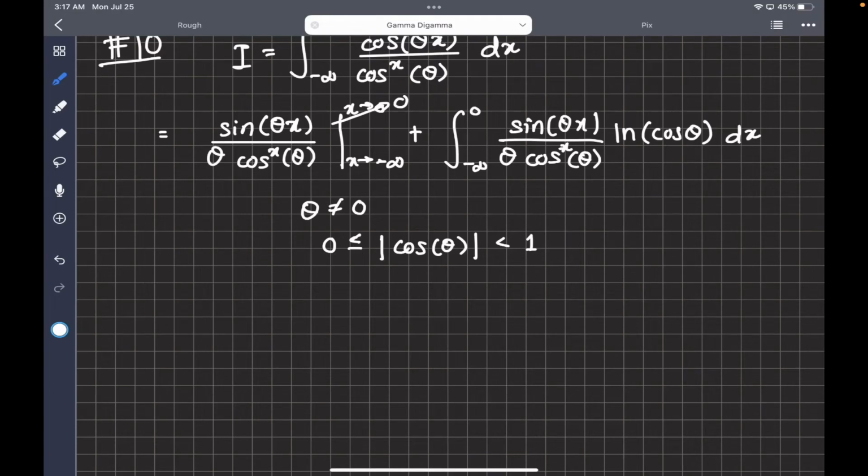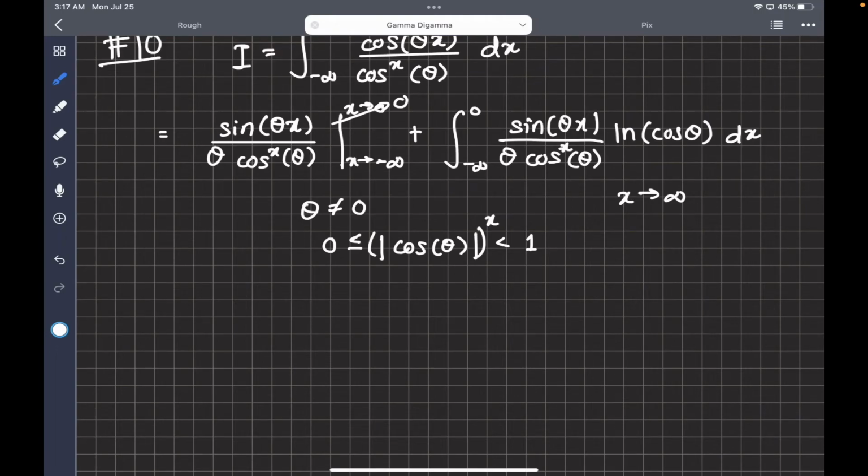Because if we raise this entire thing to an arbitrary power x, where x is some number that's going to infinity, that's basically really large. If we have something in the 0 to 1 range raised to a really high power, it's always going to be 0, right?